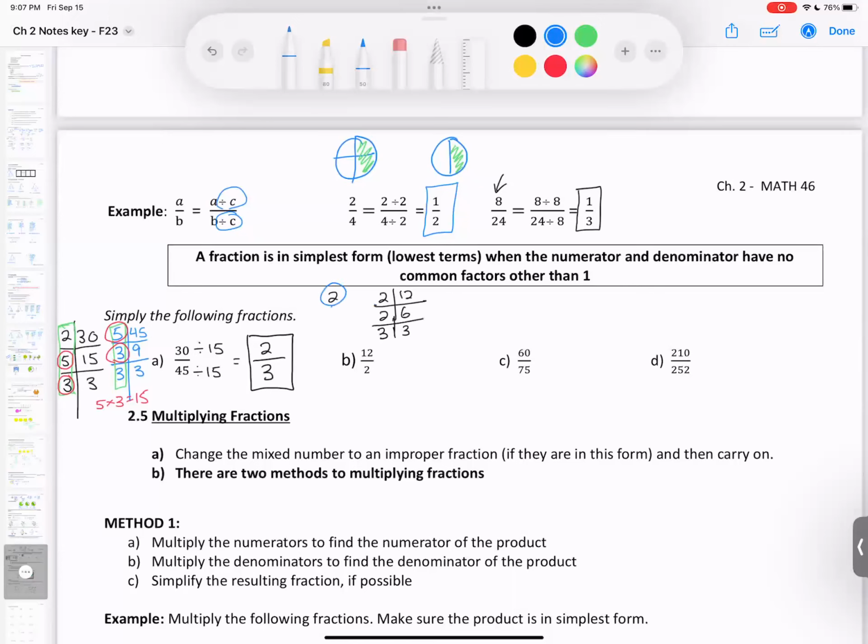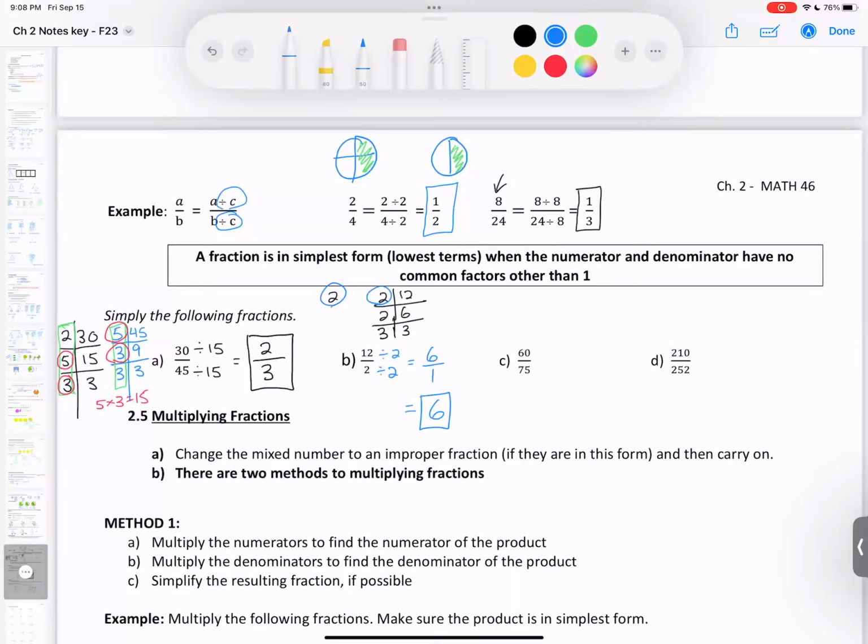So we just have a 2 in common, which means we can divide the top and bottom by 2, which is our GCF, and we would get 6 over 1. Any number over 1 just means that whole number. So here our answer we could just write as 6. All right, go ahead and pause this video and try those next 2 on your own.